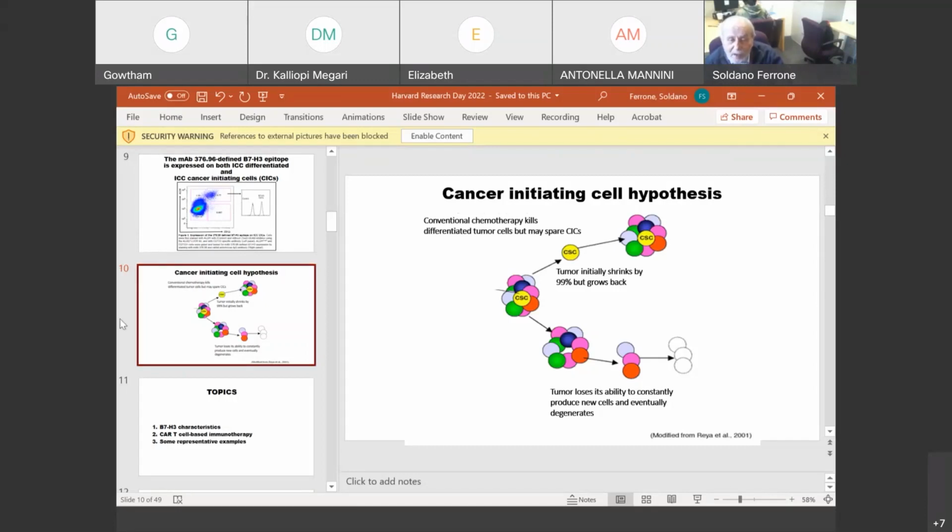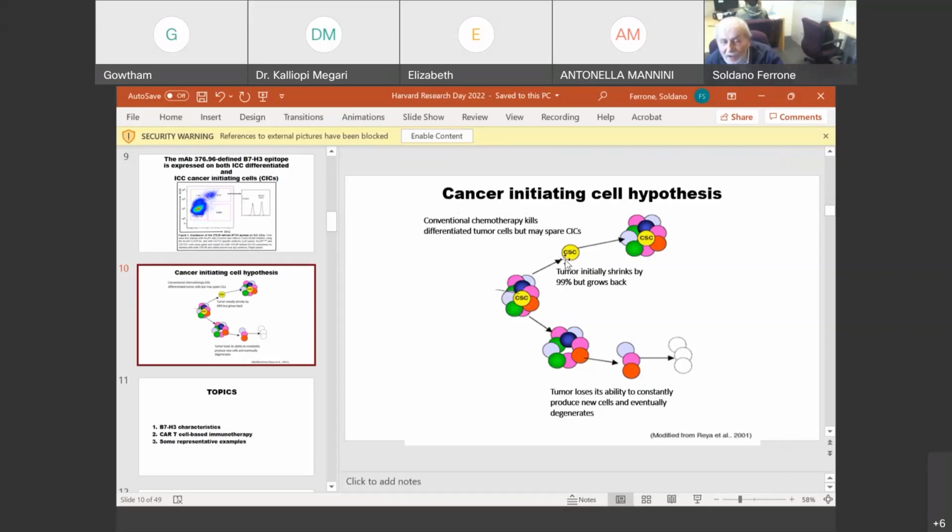And so just to show you in a graphic way what the cancer stem cell theory predicts is that most of the available therapies will destroy the differentiated cells, but will not eradicate the cancer stem cells.